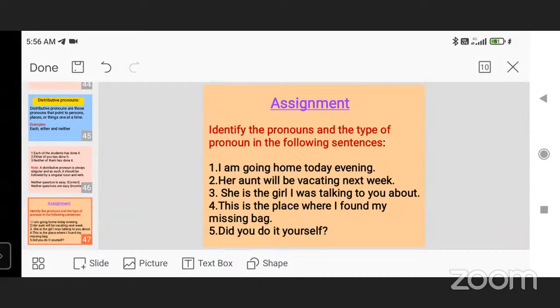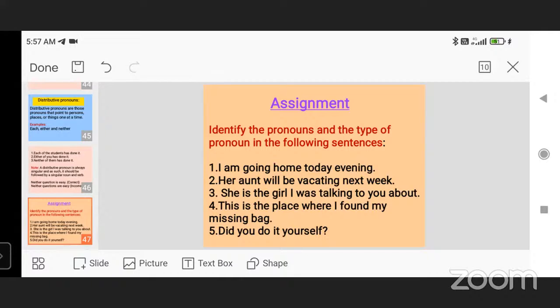If it is possible, take a screenshot, and this is your assignment. You're going to do it, and tomorrow we will have a discussion on this. Or if you want to write it down, you can.